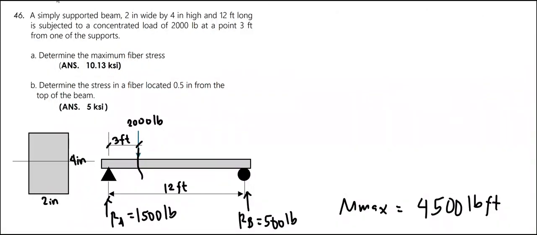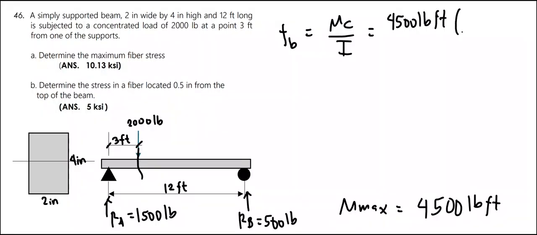Now we can solve for the maximum fiber stress by using the formula for bending stress equal to MC over I. Where moment is equal to 4,500 pound-foot, and then the distance going from the outermost fiber to the neutral axis, this is 2 inches.